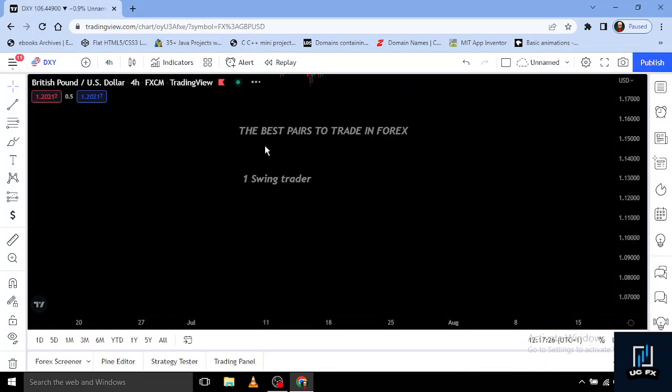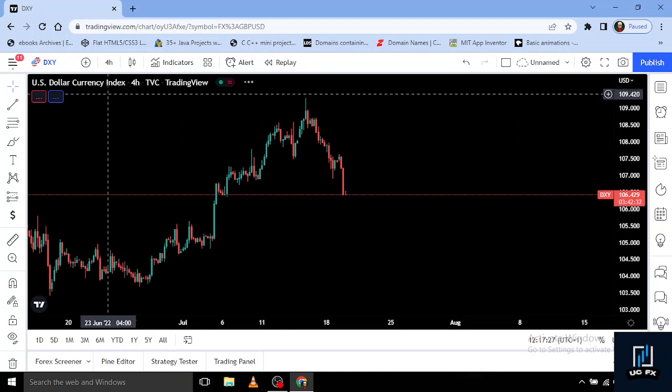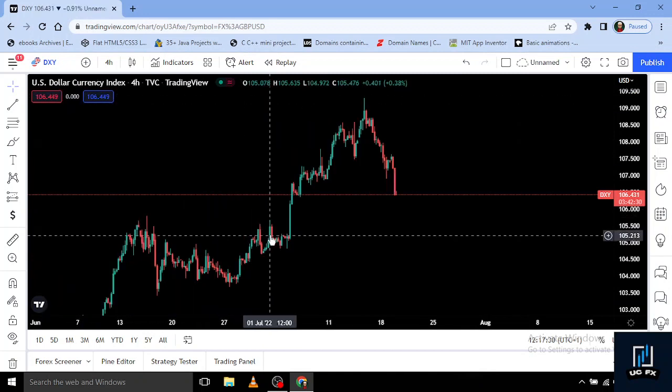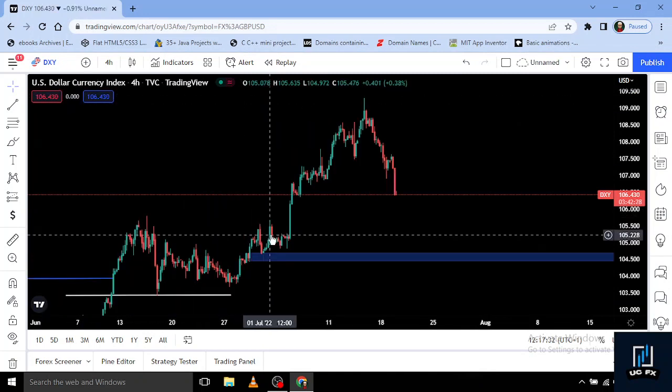So I suggest you use the dollar index if you're going to choose pairs that have USD in them. You have to analyze the DXY, that is the dollar index, to know its strength.